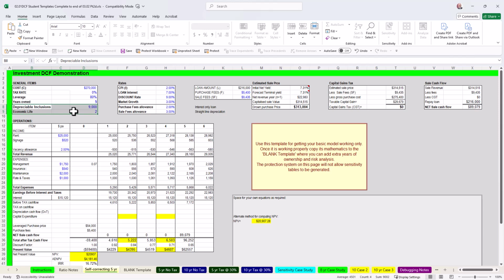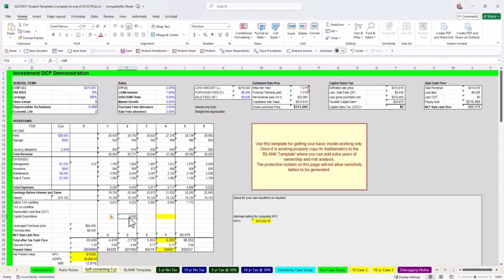Okay, so what we're assuming is that every 2 years we're going to spend $9,000. How does that work? How do we get it to come in here? Well, we can say, yes, here in year 2, we're going to bring in a $9,000 expense, and we can do something similar for year 4.